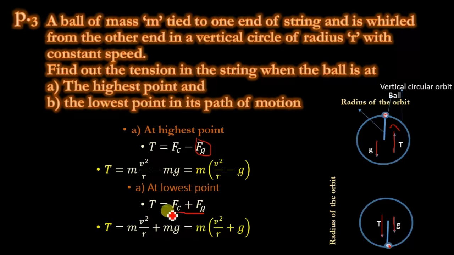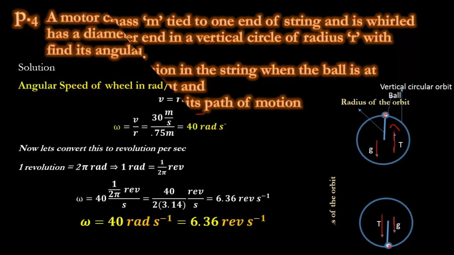Putting the values, we will get tension T is equal to mv square divided by r plus mg. Taking m common from this equation, we will get tension T is equal to m into v square by r plus g, where g is the gravity, and this is the tension T when the ball is at the lowest point in its path of motion.